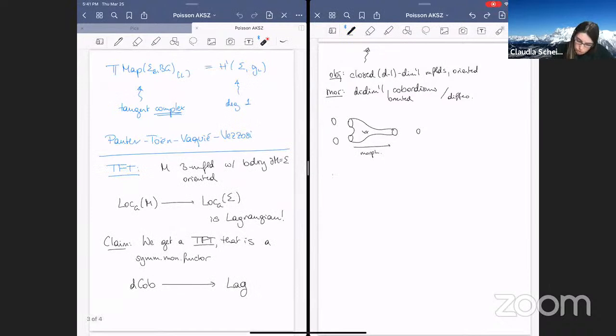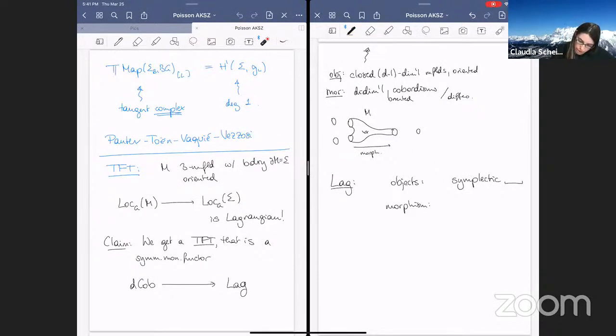So what about Lag? Objects are symplectic, and I'm on purpose not putting anything here. And what should a morphism be? Well, I only told you what happens with 1 boundary, but I could have generalized this to having 2 boundaries, like in this example.